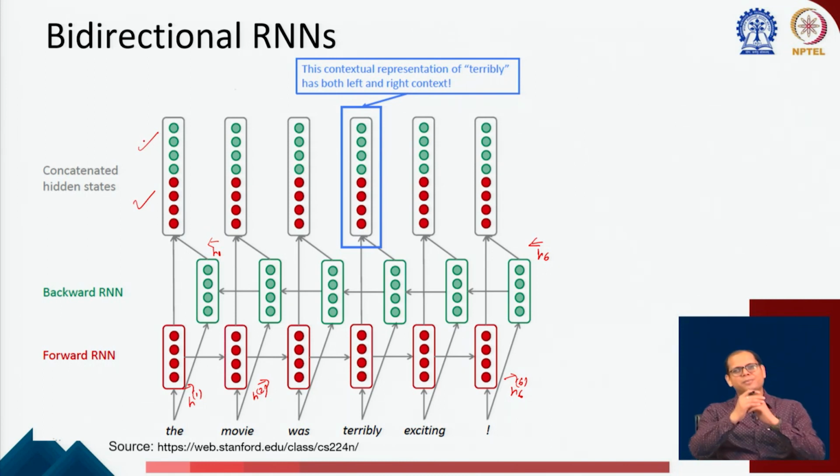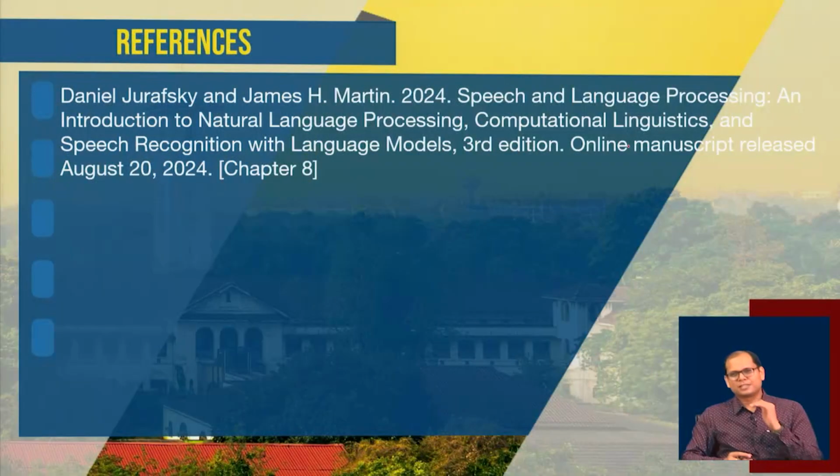This final representation is your contextual representation that takes care of both left and right context, and you use that for whatever application. You can use it for sequence labeling, you can use it for sequence classification, and this is very popular using bidirectional RNNs.